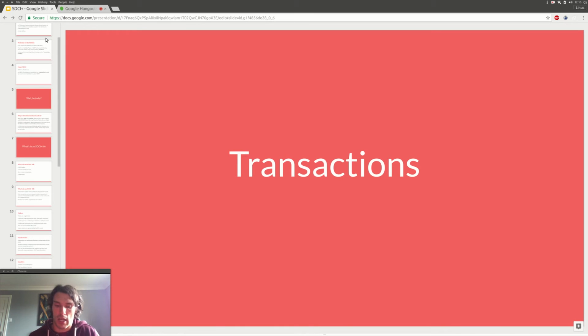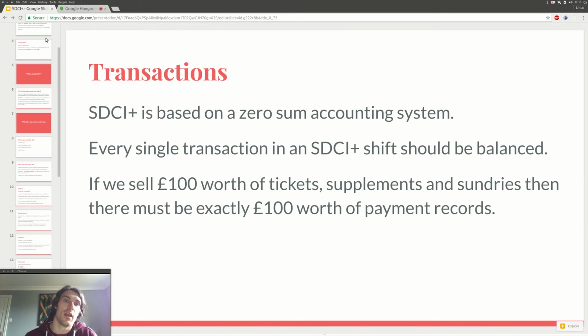All right, and coming back to the transactions that are actually in the SDCI Plus file. There are a few rules around these. So SDCI Plus is based on a zero-sum accounting system. And what that means is that every transaction inside the SDCI Plus file should be balanced.